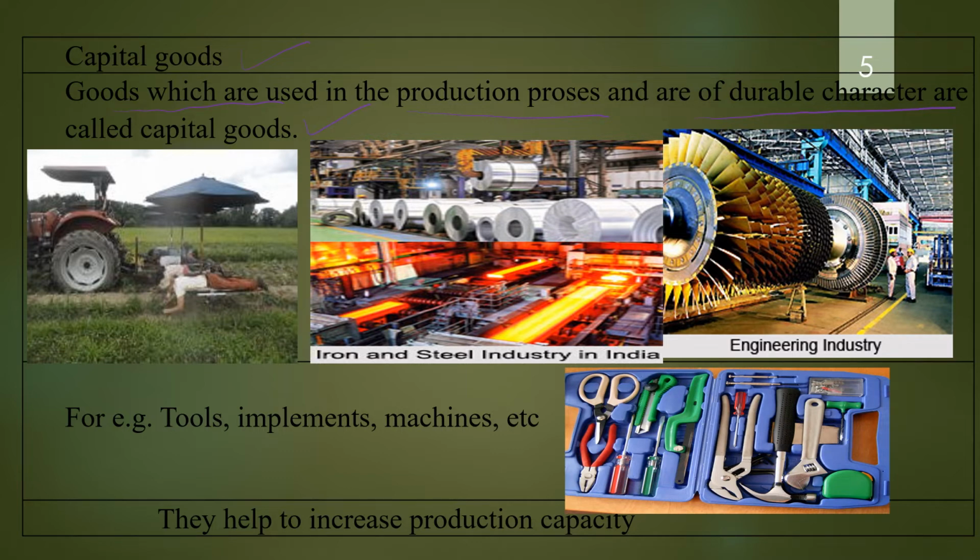You can see here the tractors, all these machineries in the factory, tools, equipments, all these we call capital goods, as these are not used by consumers to satisfy their wants, but we are using these capital goods to produce consumer goods. So those goods we call capital goods. Good examples are tools, implements, machineries, etc.